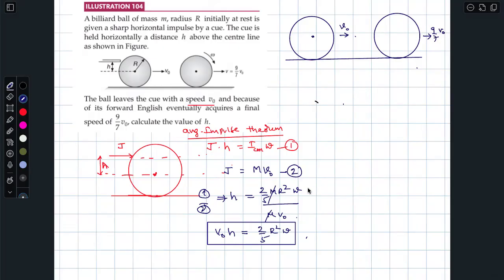To avoid confusion, I will write omega naught, and it has some omega. Definitely just after impulse, pure rolling starts.